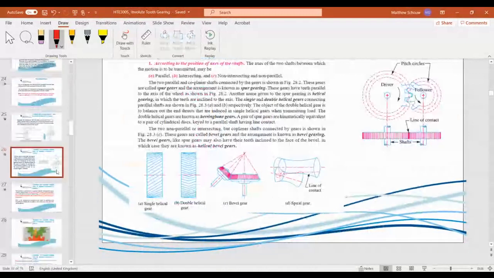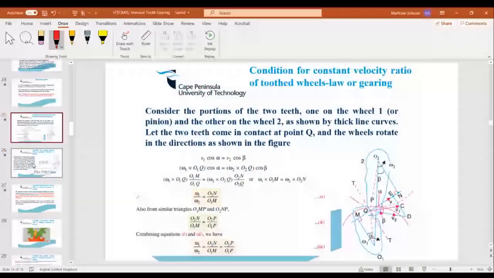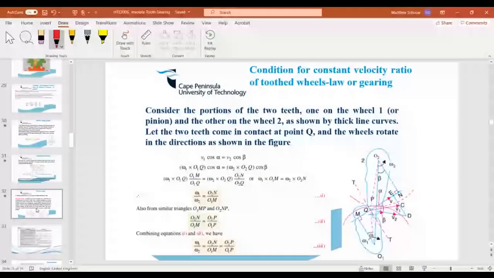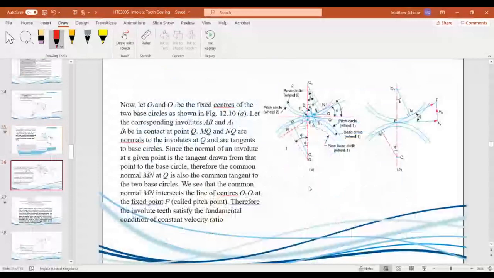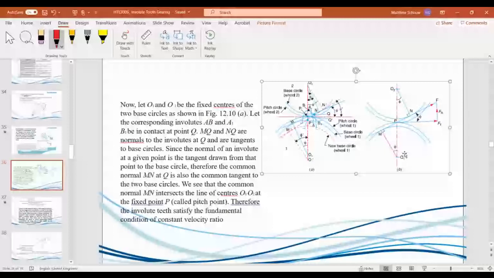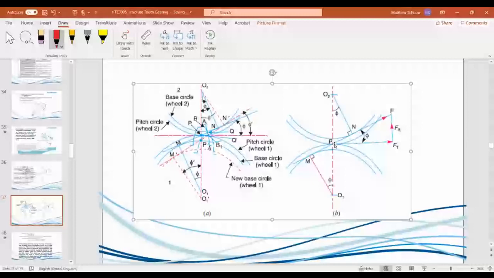Some self-reflection. So can we see this guy over here? I'll make him big, duplicate him. So we've got two gears touching. We all know that P is the pitch point. Are we all happy with that?